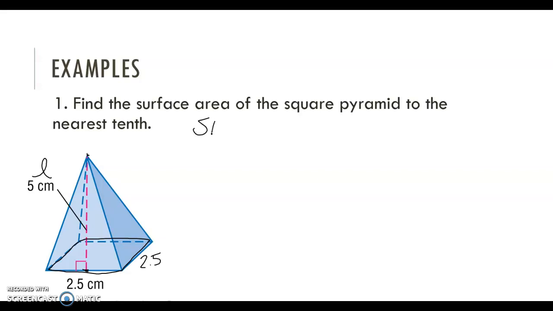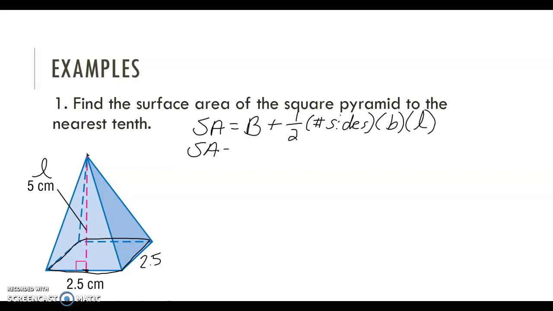Our surface area formula is area of the base, which I'm just going to symbolize with a capital B again, plus 1/2 times the number of sides, times what each side measures, lowercase b, and then times this slant height. So now let's start substituting in what we know.